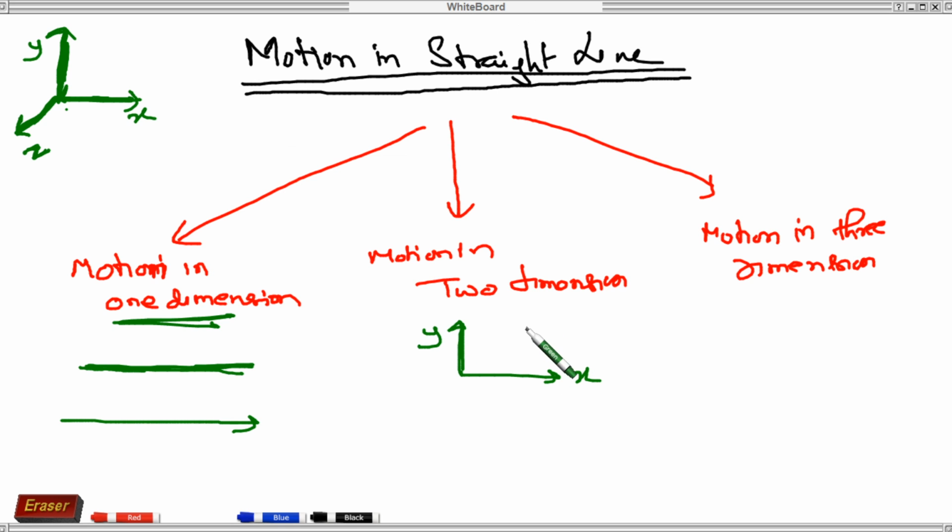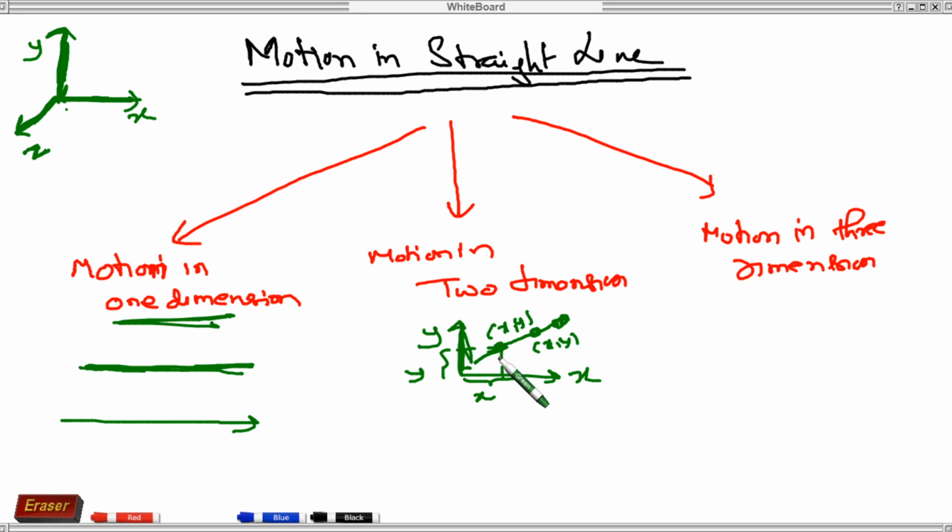If the path or the coordinates of the motion contain x and y, it means the body traveled x distance in the x-axis and y distance in the y-axis.